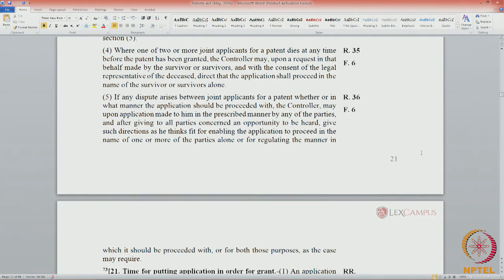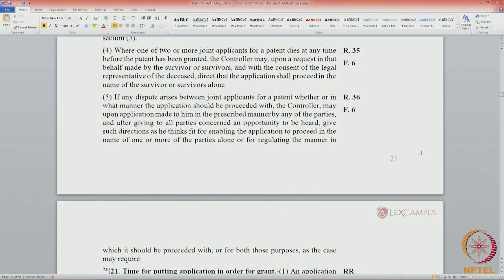So, he can either say that it shall proceed in the name of certain parties, or for regulating the manner in which it should be proceeded with. If there are 3 applicants and one person is not cooperating, the controller can say it shall proceed in the name of A and B alone, for whatever reasons.